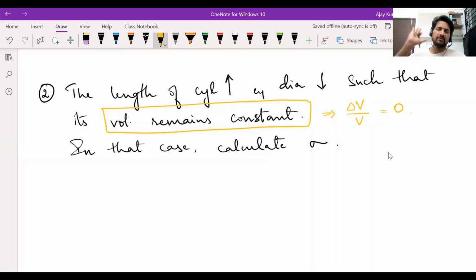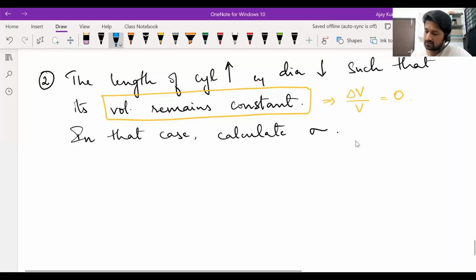You assume some relative change in length. Volume did not change. Based on that, you find out the relative change in diameter. You know how to relate volume change, length change, and diameter change. We did that in the last problem. Do it and then get the ratio of relative change in diameter to relative change in length. That will give you sigma. Try this, all of you. I'll give you 2 minutes.